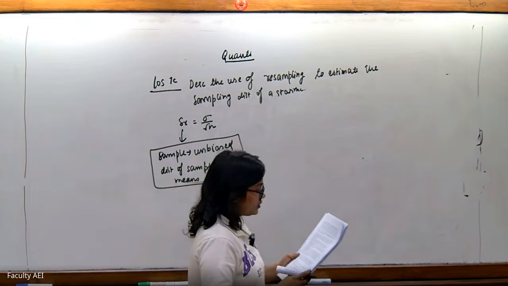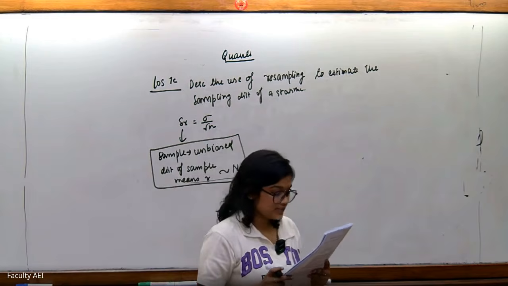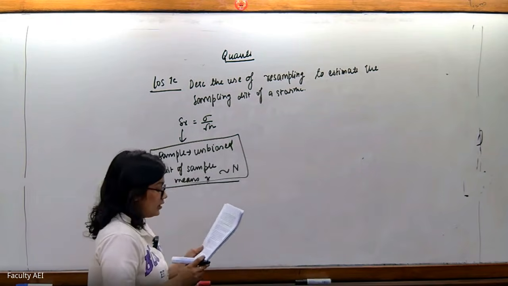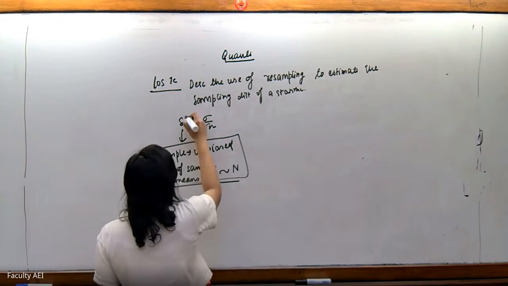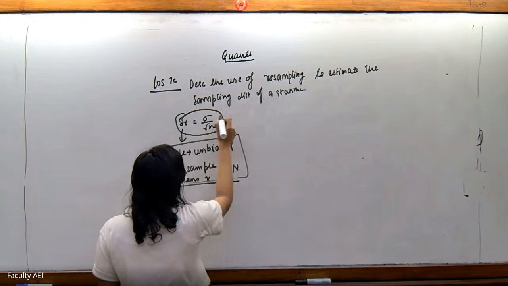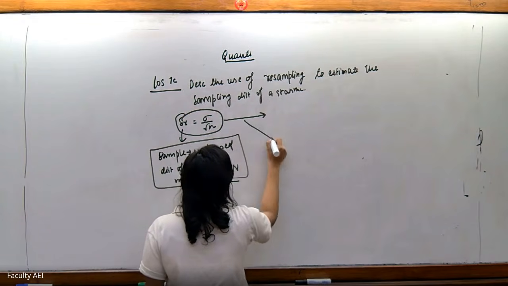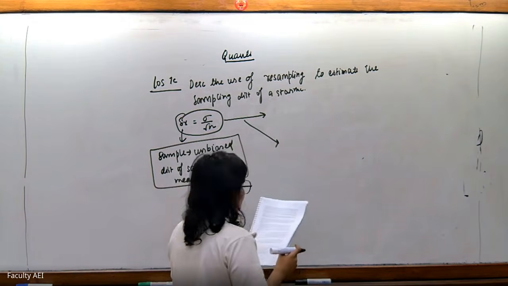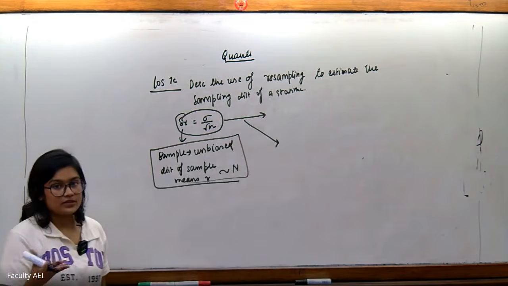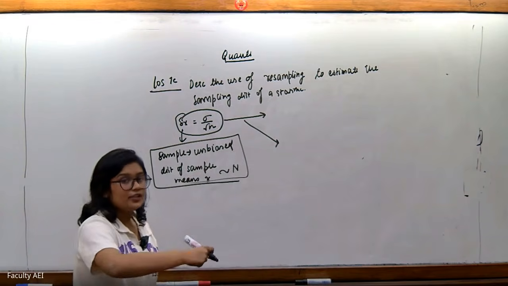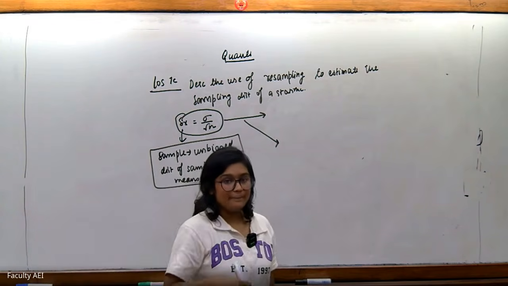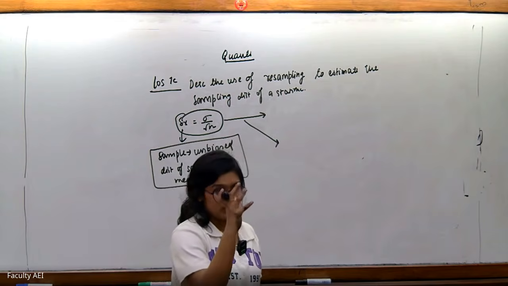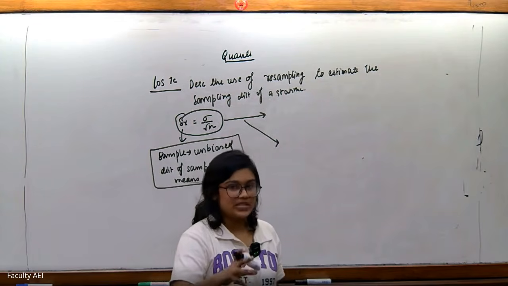Two alternative methods let you approximate the standard error of the sample mean, and both involve resampling of the data. Resampling, what does it mean? Let's say your population had 1,000 assets.